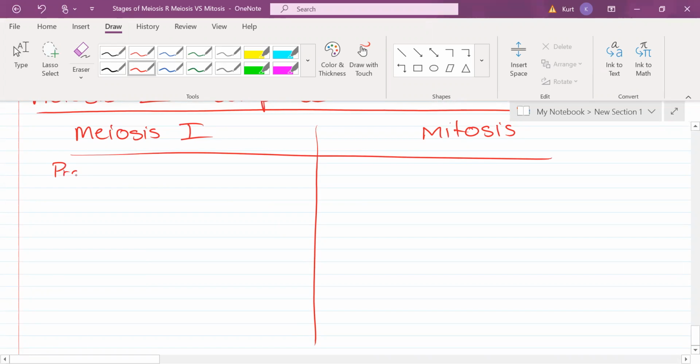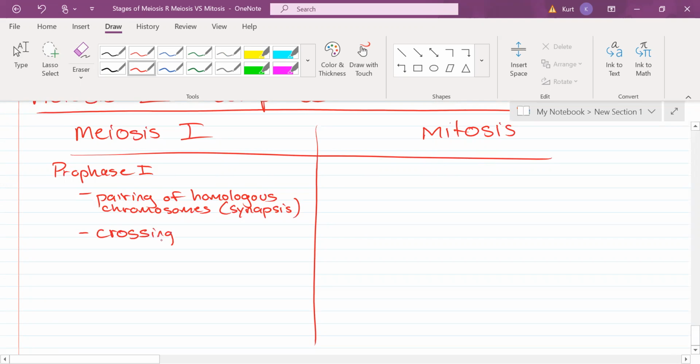In prophase 1, you have the pairing of homologous chromosomes. This is called synapsis. And crossing over occurs. In just regular old prophase, there's no pairing of chromosomes. They are not in pairs.